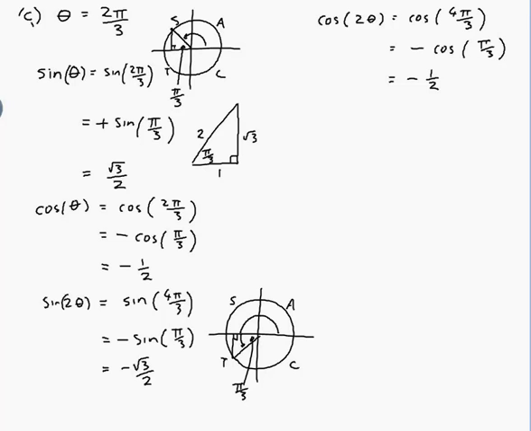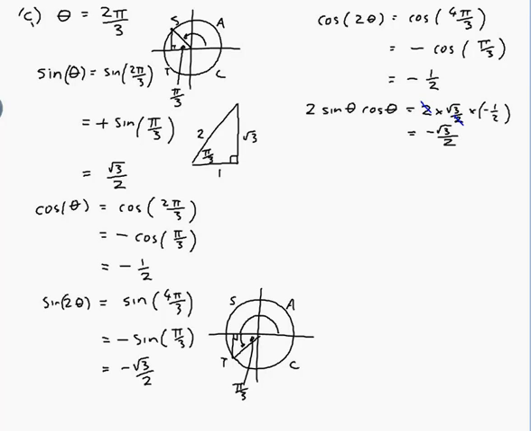Okay, now we're ready to actually check our formulas. Sine 2 theta is supposed to be 2 sine theta cos theta, so 2 sine theta cos theta is equal to 2 times root 3 on 2 times minus a half, which is, we can cancel those, at least these ones, so that would be minus root 3 on 2.